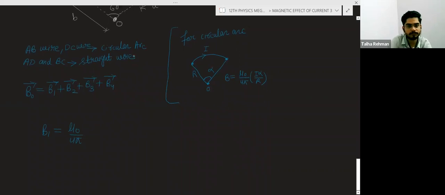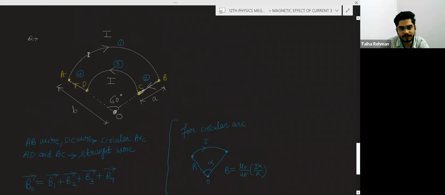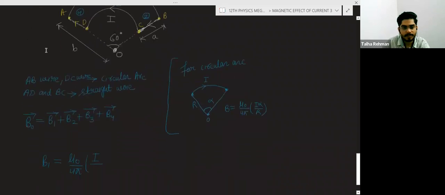What is the radius of this first wire? The radius is this distance OA, which is b.